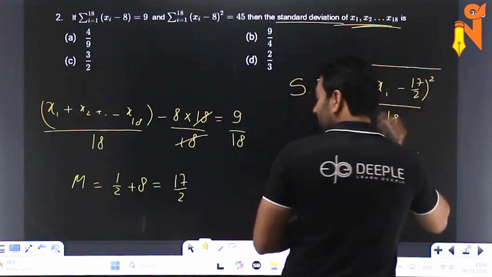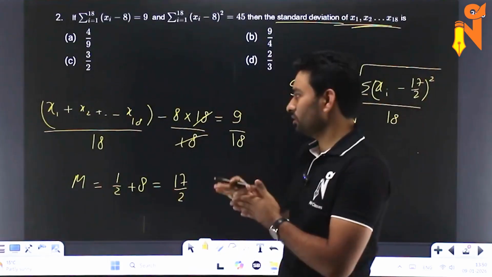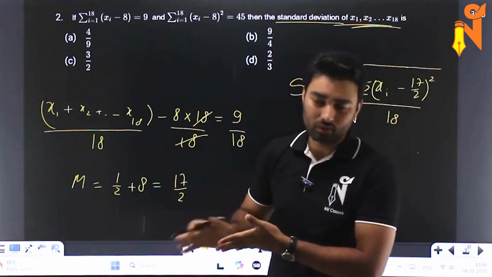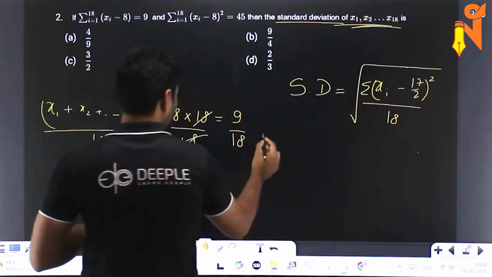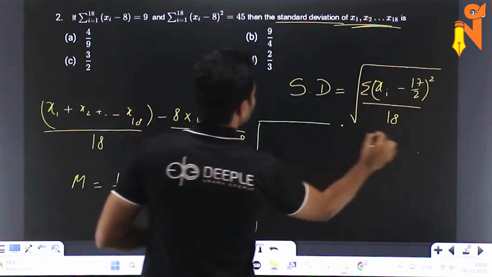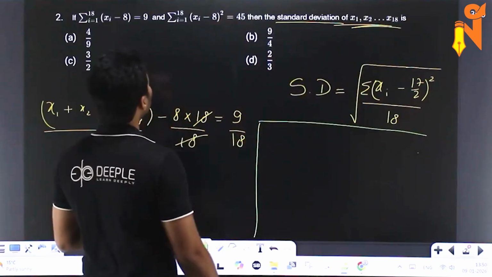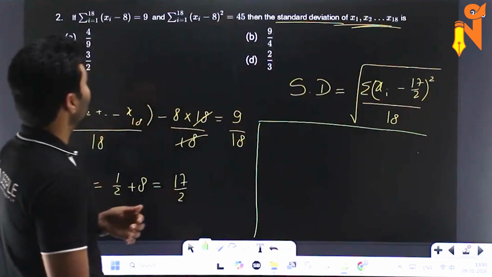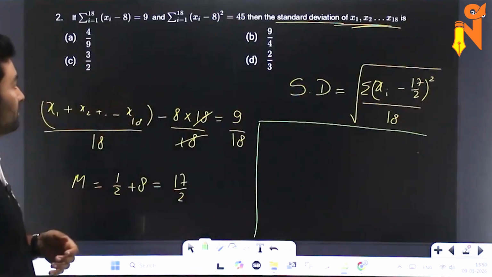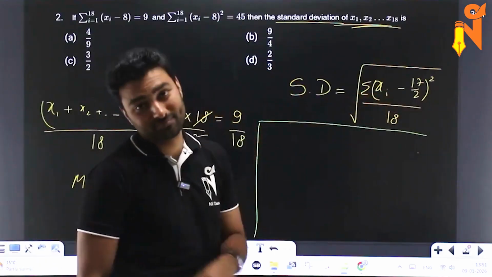There is actually a shortcut method also, which you can see in the DeepL text solution. I am solving this question in the lengthy method. Now the next point is what I need. This is given, I can use it here obviously. The summation of xi minus 8 whole square is given, but what I need is the summation of xi minus 17 by 2.